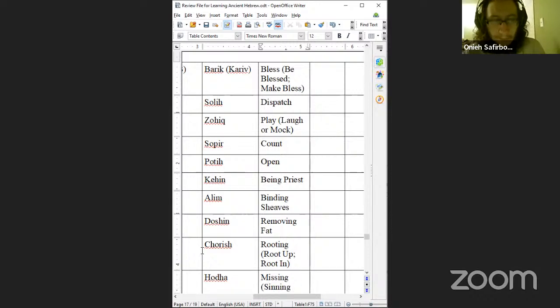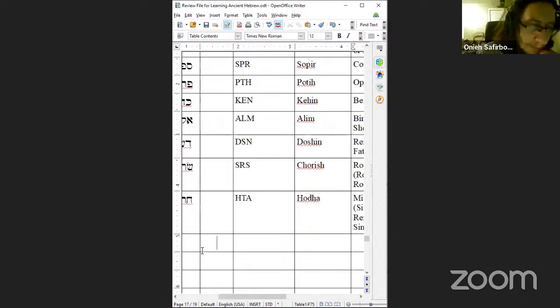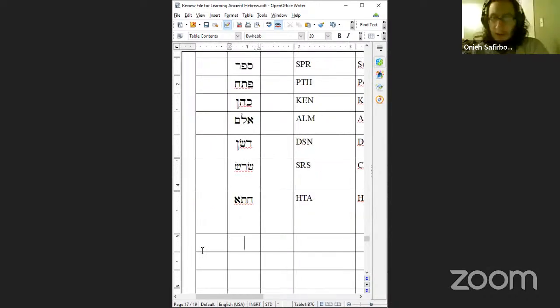Sending. Removing sin. Supposedly, it can mean both to sin and to remove sin. Where the word for sin offering is the word for sin. It's translated by some scholars as a purification offering rather than sin offering.